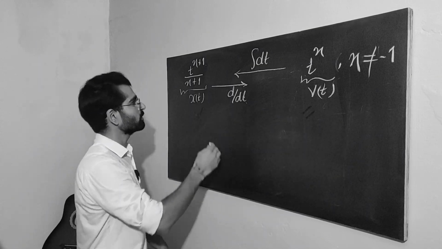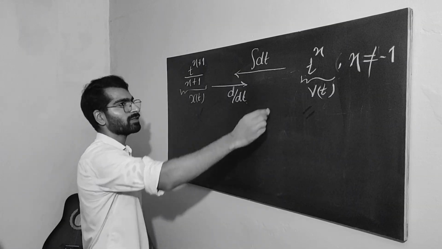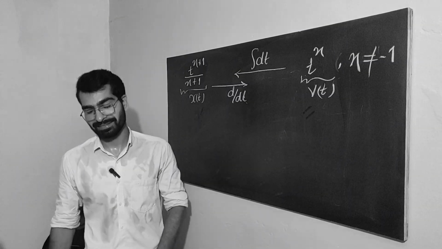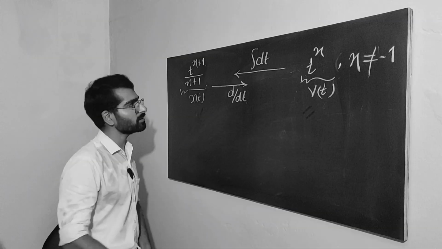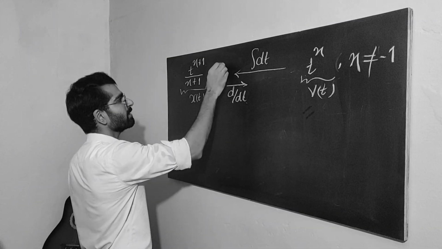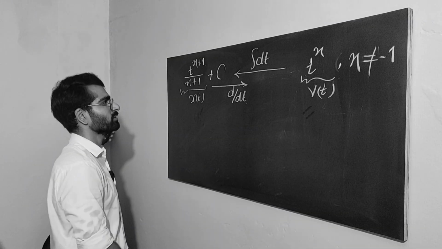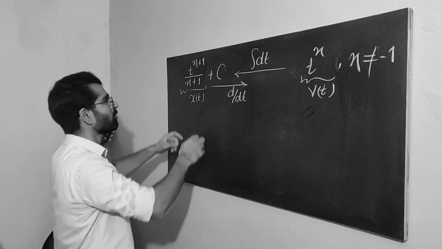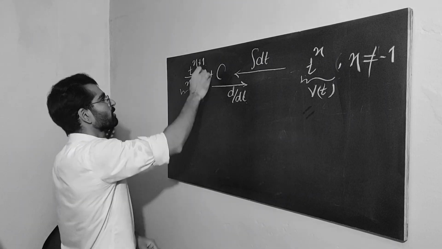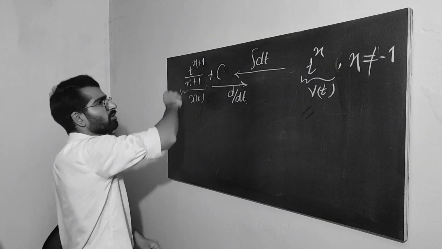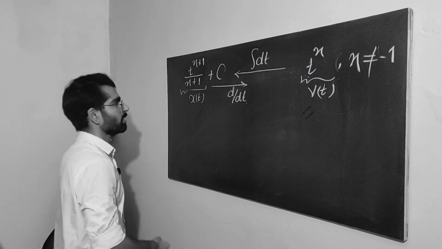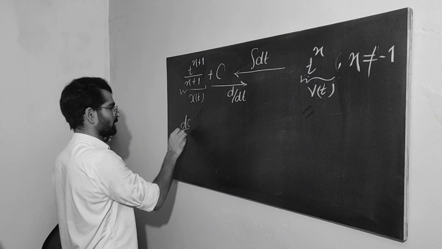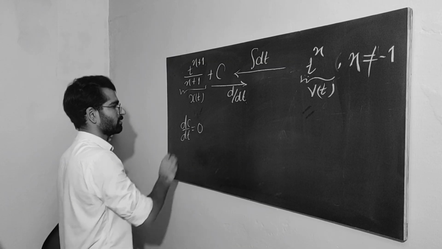So this is the antiderivative of that function, or is it? Because now I could have added here a constant of my choice, and it is still fine, because now I take the derivative of this function. This one is surely going to give me t to the n, and the derivative of a constant is going to be 0.